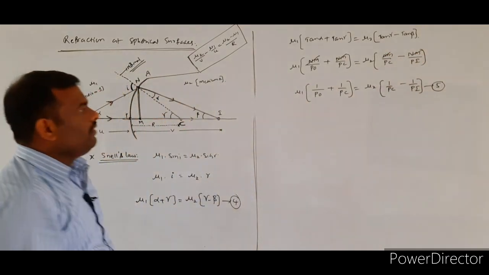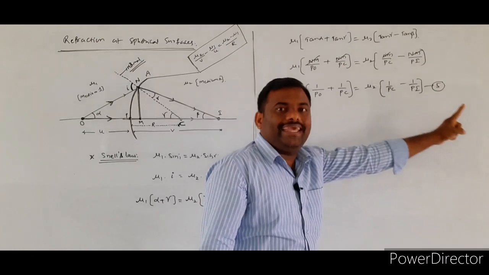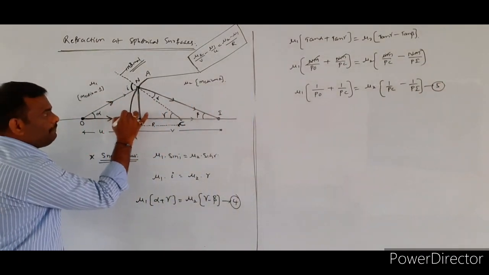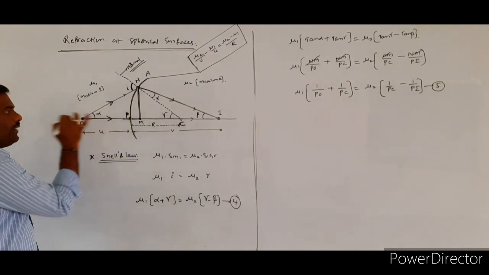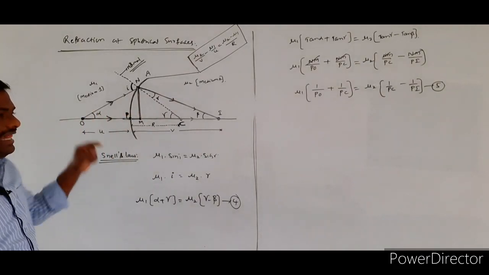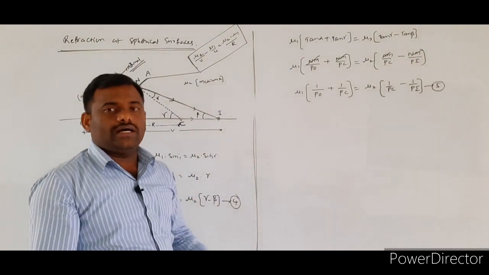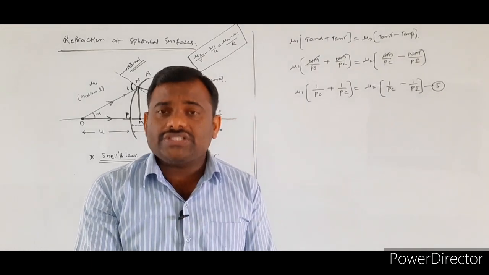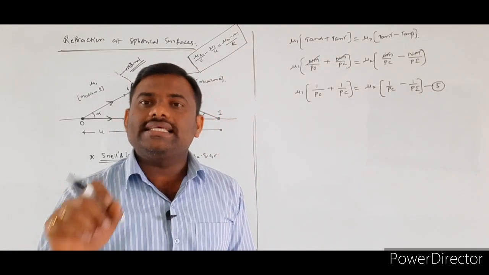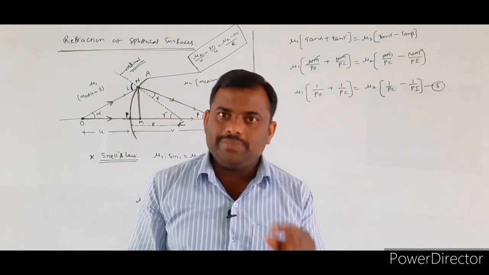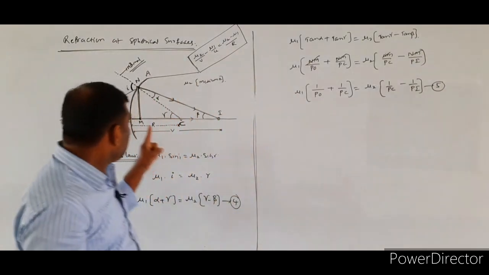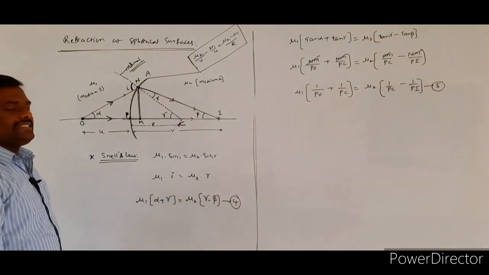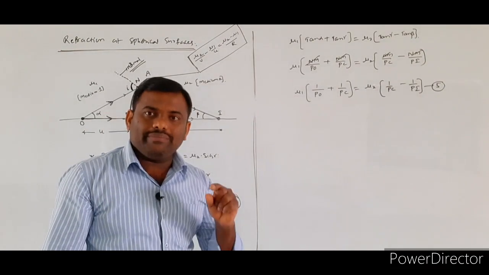Now see here. What are PO, PC, PI values? Coming to the diagram once again, P is indicating the pole and O is indicating the object. The distance of separation between the pole of a spherical refracting surface and the object is called the object distance, and the distance between the pole and the image is called the image distance.